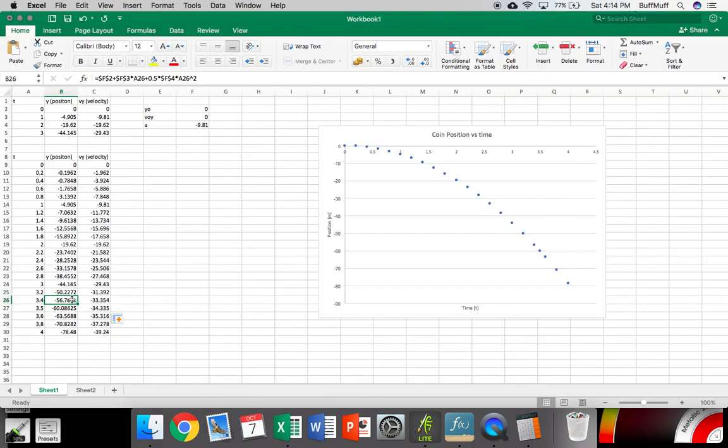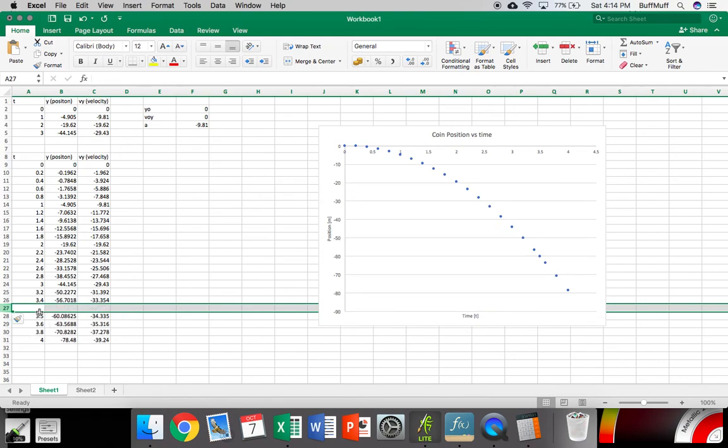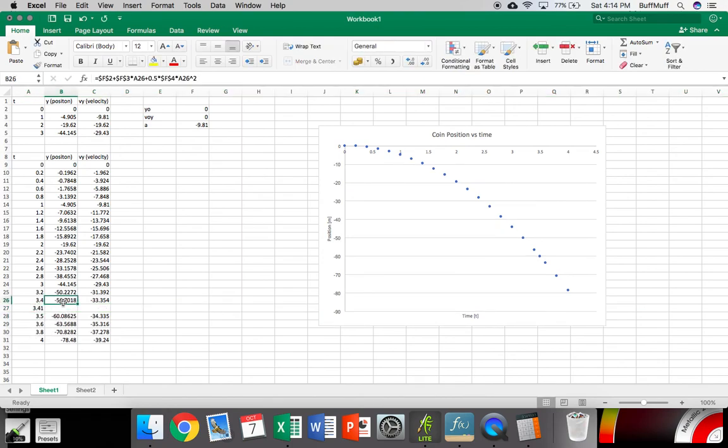Look, 3.4 is at minus 56 and 3.5 is at minus 60. So let's try 3.41, and let's see our velocity and position. Okay, so let's take only three significant figures.